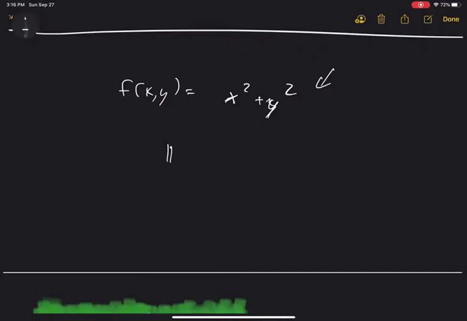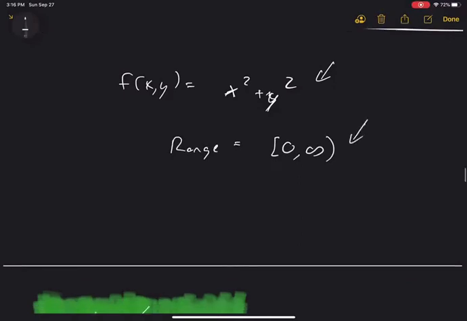So maybe we can see that my range will be 0 to infinity. Okay. So notice that my range is an interval.